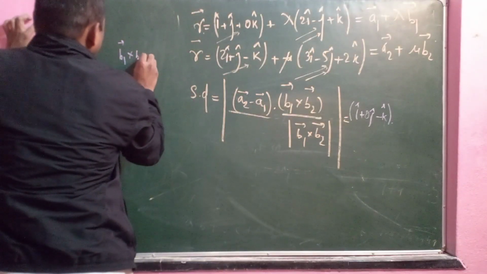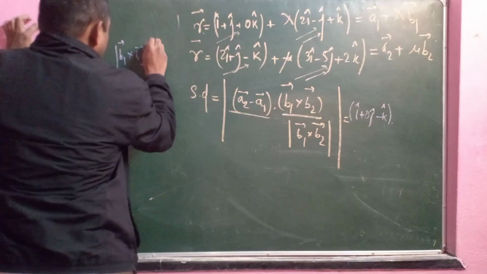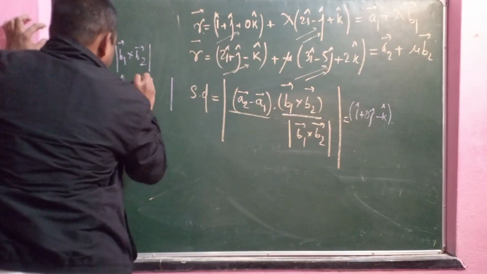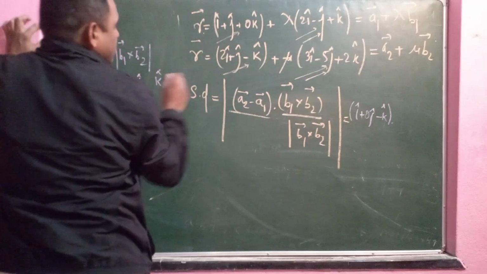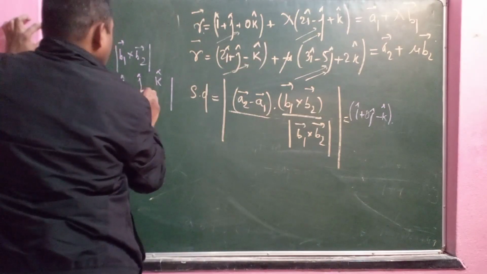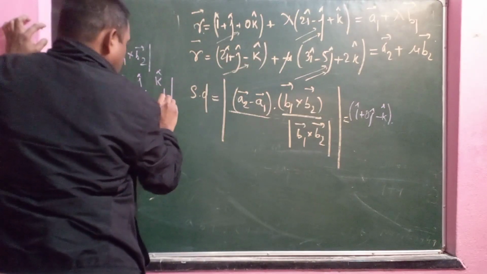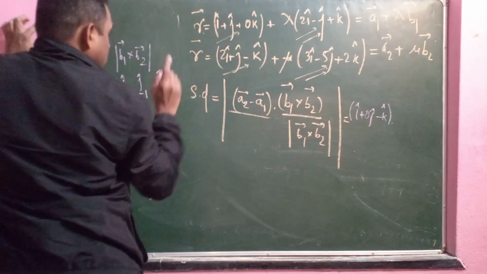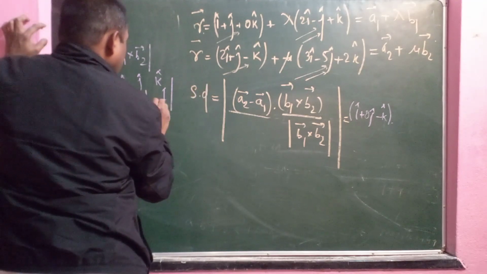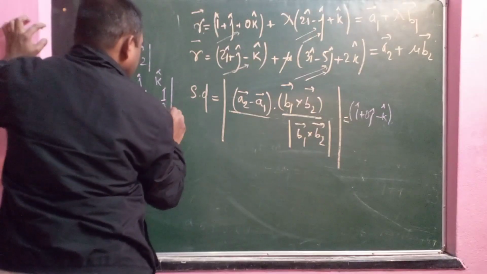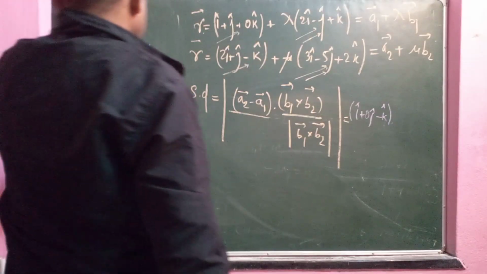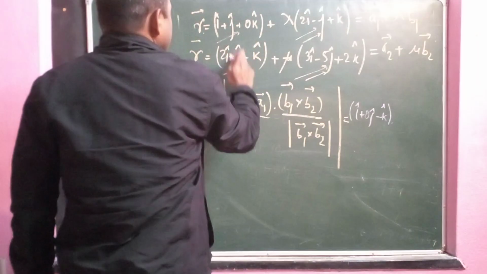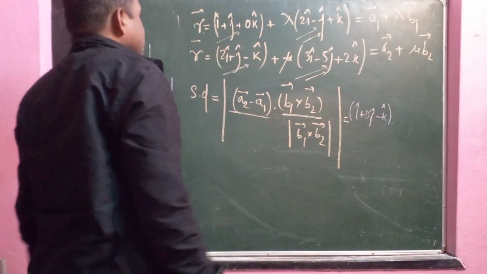It is not B2 cross B1, it is B1 cross B2. I cap, J cap, K cap, matrix method. 2, minus 1. Be very careful here, a calculation mistake can happen while calculating B1 cross B2. This is I cap: this minus this, minus this, minus this.